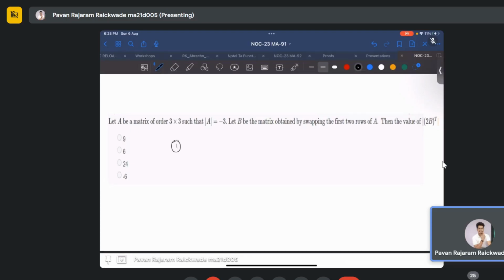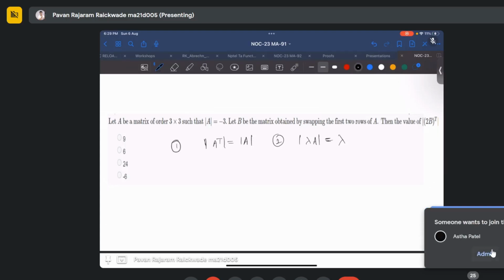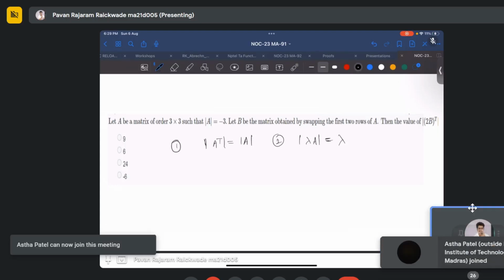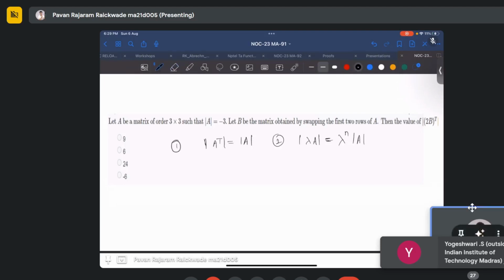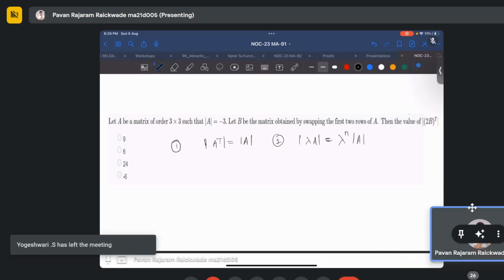First one is for any matrix A, determinant of A transpose will be the same as determinant of A. Second one is determinant of lambda A is lambda raised to n times determinant of A, where n is the order of matrix A. Maybe these two formulas are enough. And if you swap two rows of a matrix A, then the determinant will be multiplied by minus 1. So that's another formula.